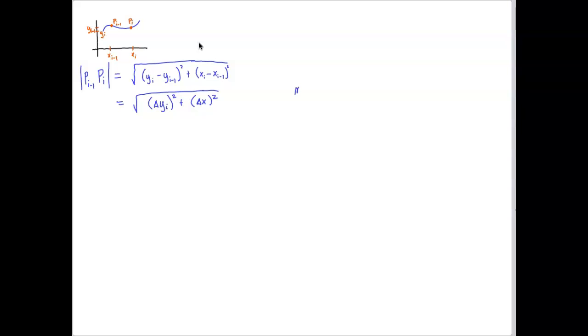It basically says that there exists some x, I'm going to call it xi star, on the interval between xi minus 1 and xi, such that the derivative at that point is equal to the slope between the endpoints.